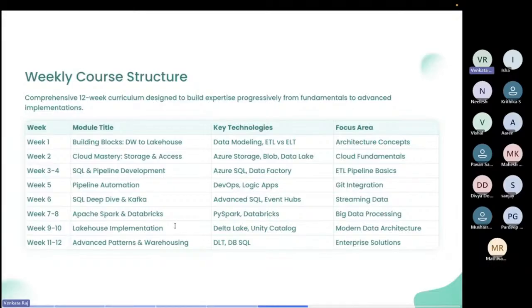So we will also prepare Databricks dashboards, and we will see how an analyst is going to use Databricks for warehousing. We will start with basic data modeling, ETL, ELT concepts, and we will reach a point where we are doing everything within the data lake. That's going to be our journey.